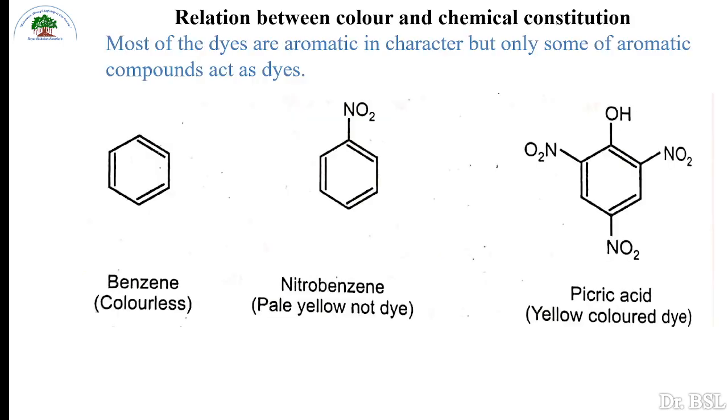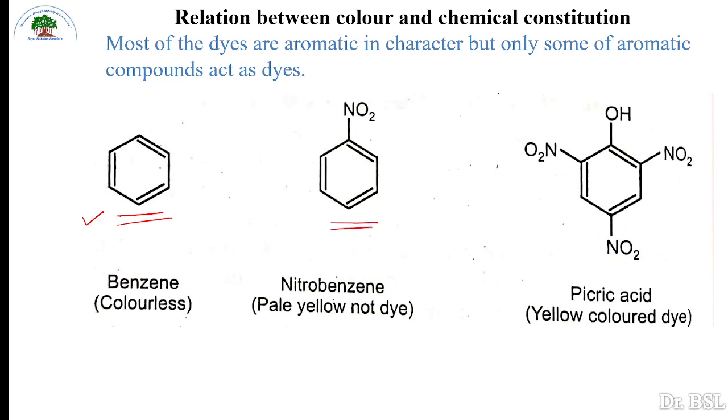So let us see what is the relation between color and chemical constitution. Most of the dyes are aromatic in character, but only some aromatic compounds act as dyes. For example, this is benzene, and we know benzene is colorless.